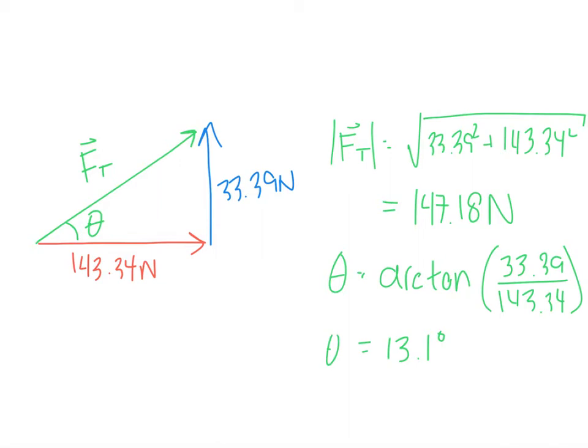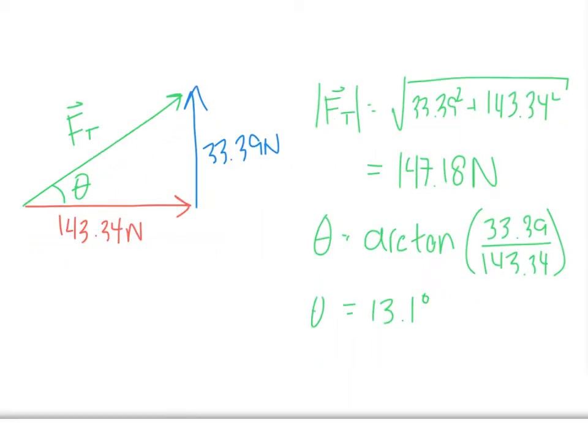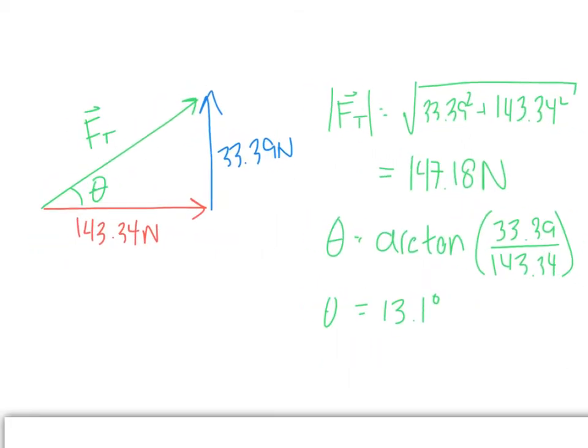So if we want to express our final answer as a vector, we would say Ft, the total force acting on this box, is 147.18 newtons. And what direction is that? Well, if you look at the red line first, it's east and then 13.1 degrees north.